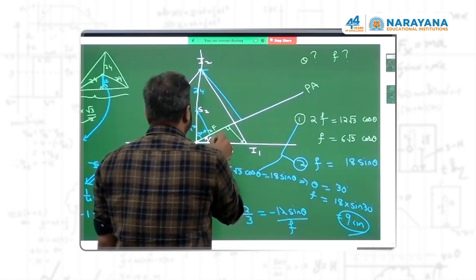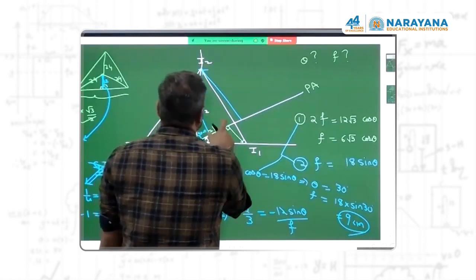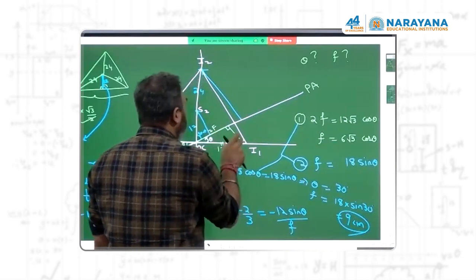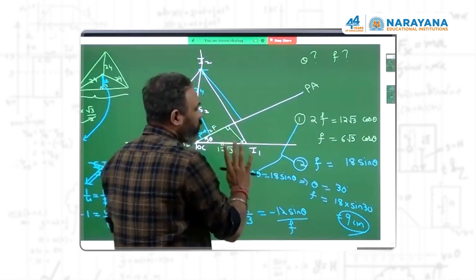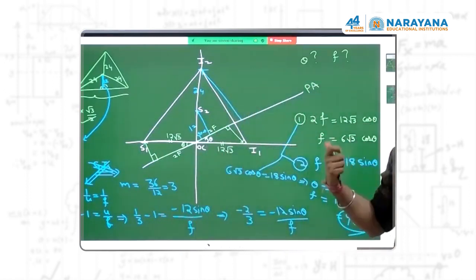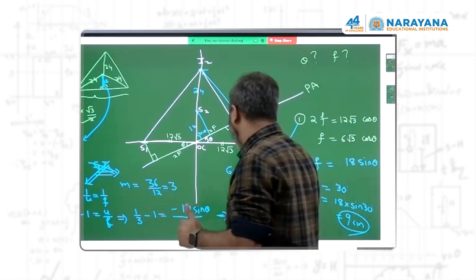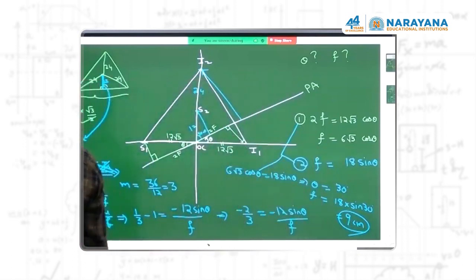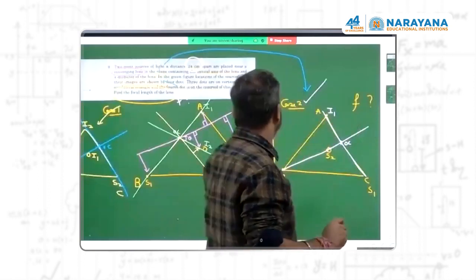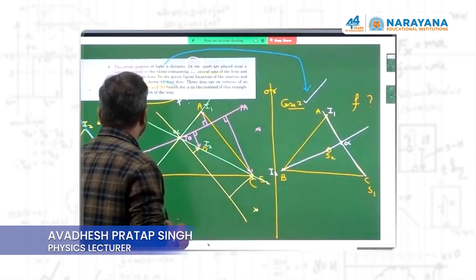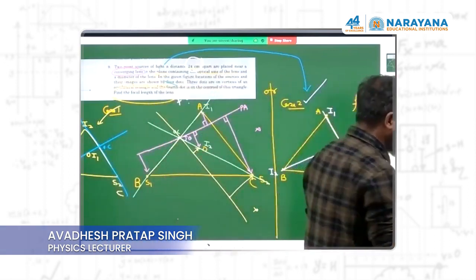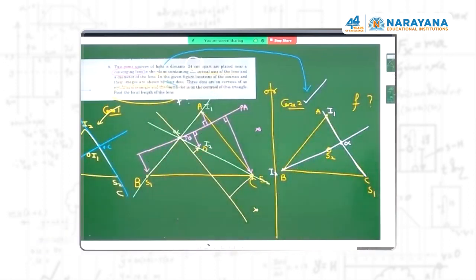It can be at some theta. It may coincide with these axes, but that we cannot assume. So to begin with, you have to take some theta. The question paper setter can definitely specify these things, the angle of the principal axis or the focal length. Obviously, in this question, he was only interested in the focal length. So I think the analysis of the question would be clear to all of you, right?